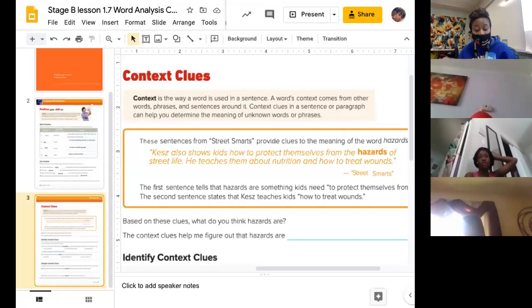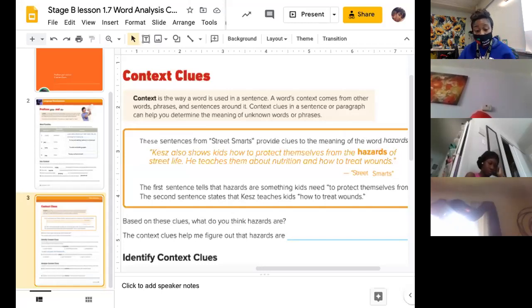Like Ivana said, the context comes from the sentence. There will be words that you have to read the sentence to figure out, like a multiple meaning word. You have to figure out what the context is. With context clues, you're going to use the words and the phrases. You can use punctuation too.